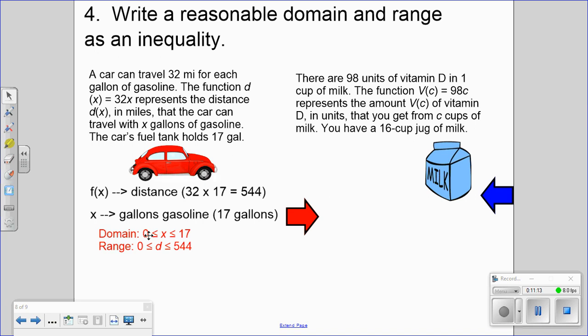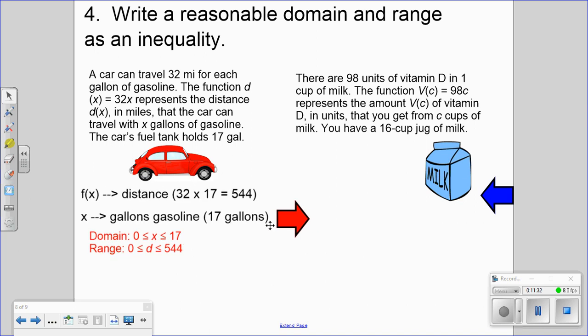So I can either put 0 gallons in or I can put 17 gallons in. We know that it travels 32 miles for each gallon. So if I put 0 gallons, it's 0 miles, and if I put in 17 gallons, then I can get 544 miles. So looking at that reasonable domain and range, what's the max that you can have?